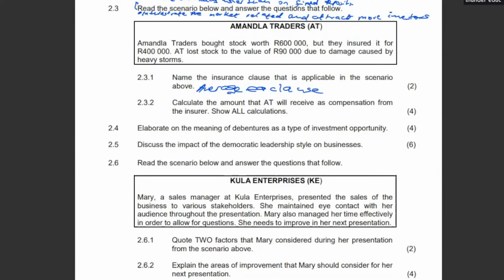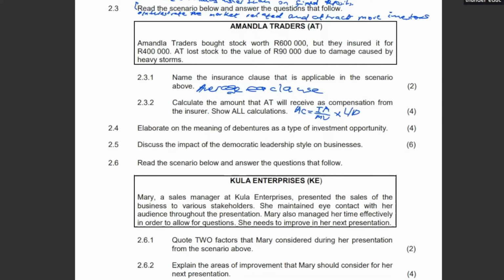So remember, whenever you calculate the average clause, you say that average clause is equivalent to insured amount divided by market value. Then you multiply by what? You multiply by the loss or damage. So this is the equation that you're actually going to engage in.